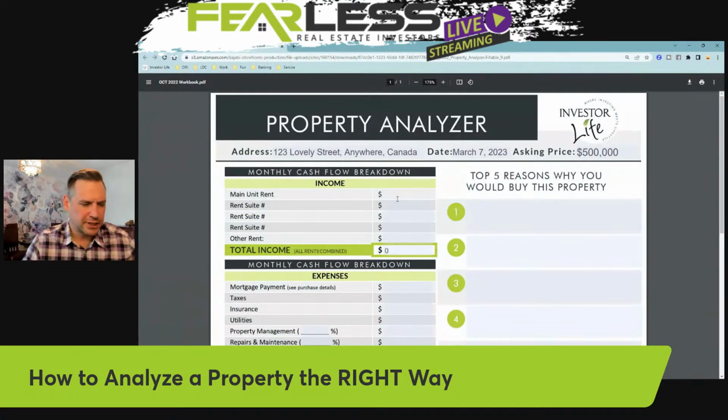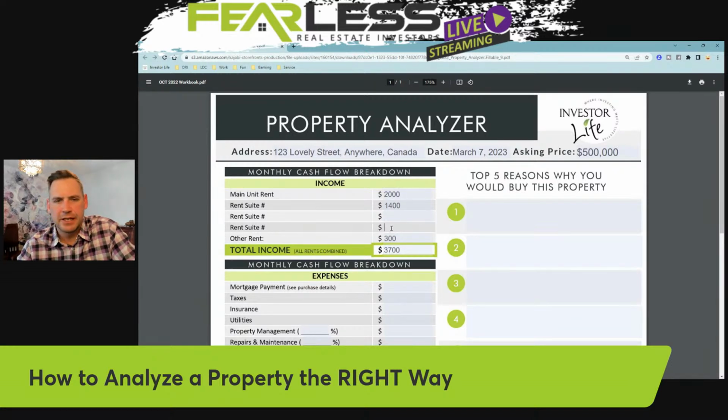Now, let's say that this particular property has an upper suite and it's rented for $2,000 a month. It also has a basement suite or a lower suite, and we're going to get $1,400 a month from that. And it happens to have maybe a garage, and we're going to get $300 a month for that. Let's say our total income on this property is $3,700.